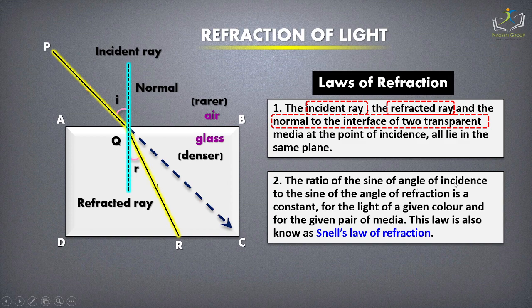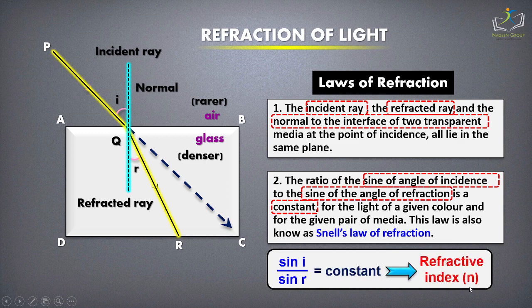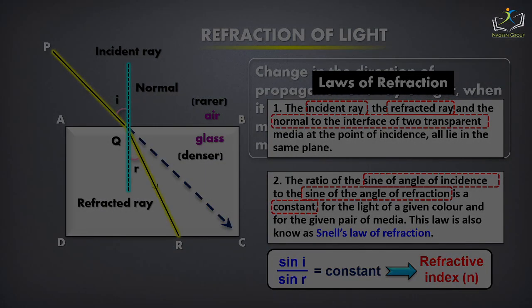The ratio of the sine of the angle of incidence to the sine of the angle of refraction is constant. We observe sine of the angle of incidence, sin i, to the sine of the angle of refraction, sin r, equals a constant. It is the refractive index, which we call n.